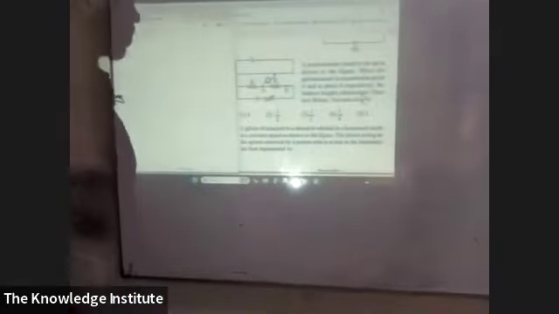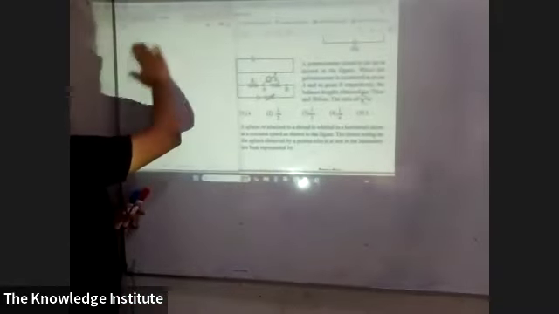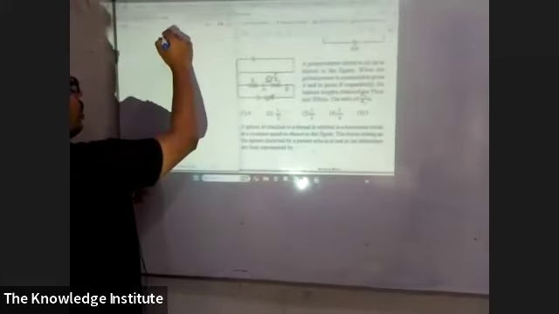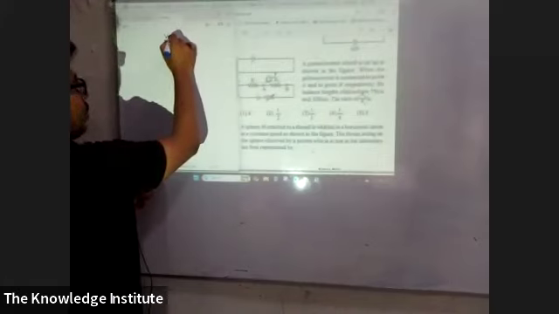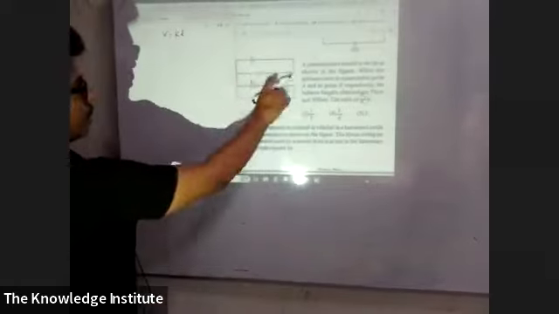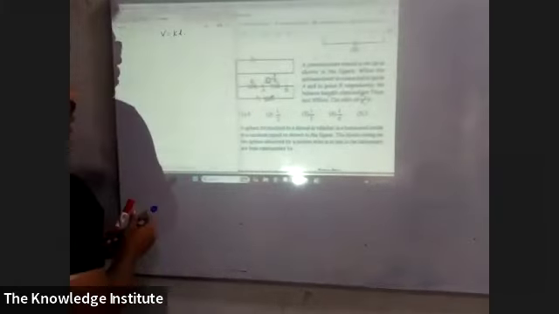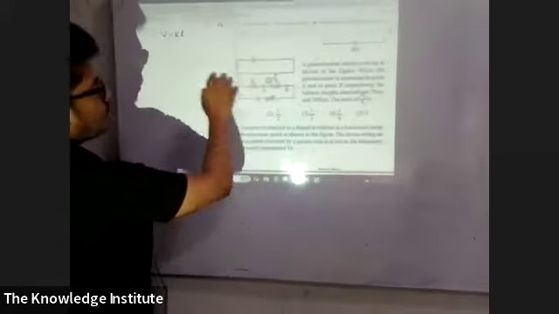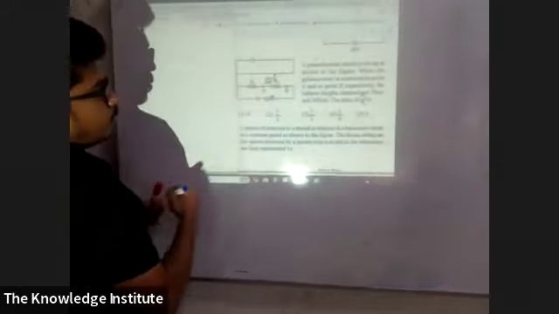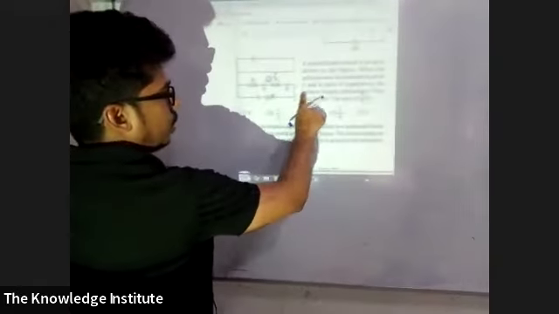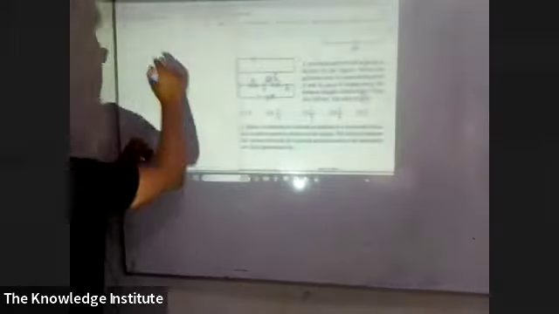R2 over R1. Okay, so the potentiometer principle is that the potential difference is equal to KL, right? We balance by a potential. So when it is connected to A, it's 75 centimeter.